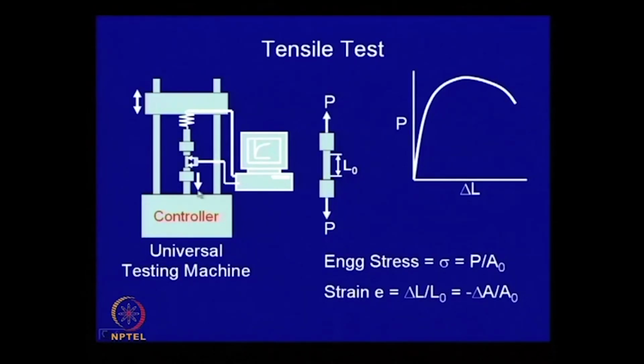And we also fix on the sample a displacement gauge, which is fitted at the marker wherever you have put the marker, and this displacement gauge converts the displacement into volt signal, and this is sent to the recorder, and it is stored in a computer disk.